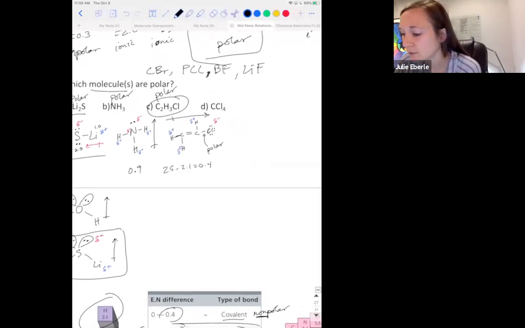Okay, so CCl4, that's the last one. The carbon with 4 chlorines. And we just calculated, we know that the chlorine-carbon bond is polar. We just identified that right there. All right, we got a bunch of lone pairs on all these chlorines.